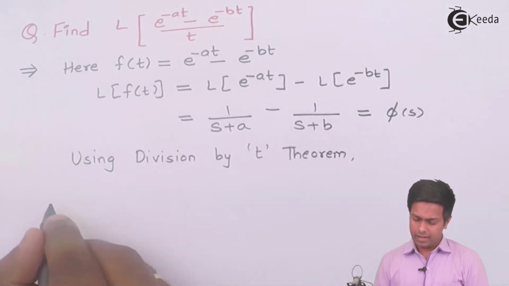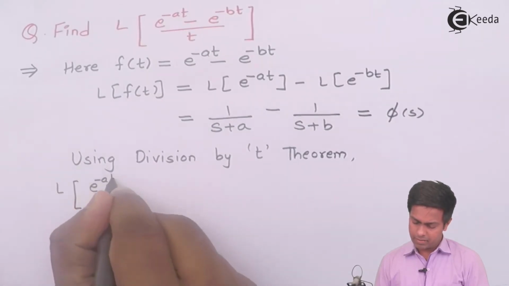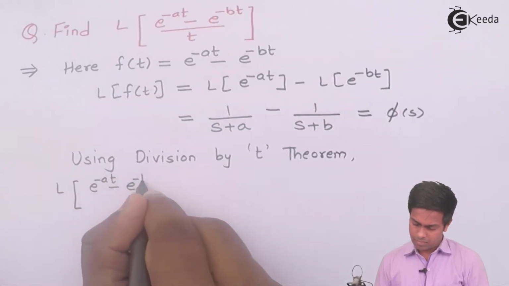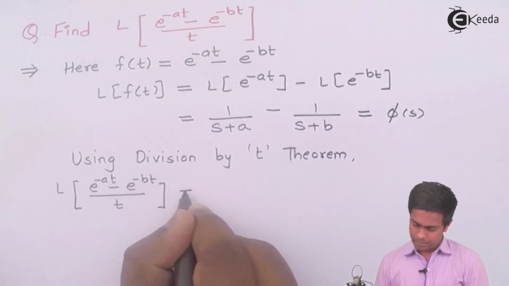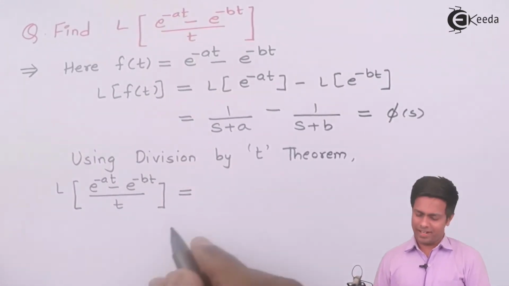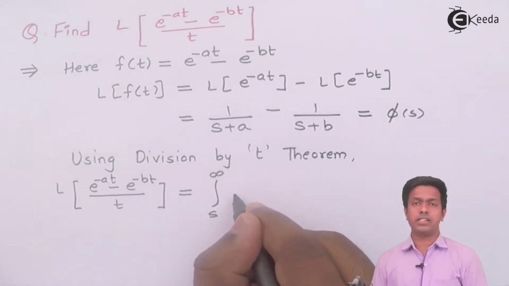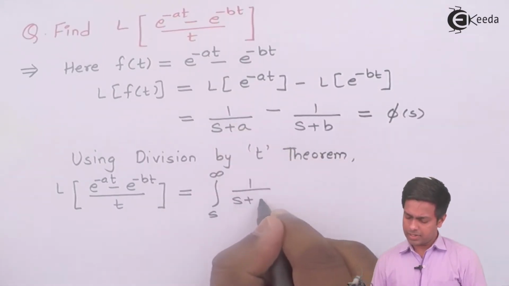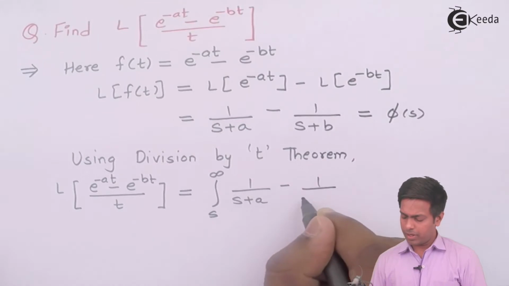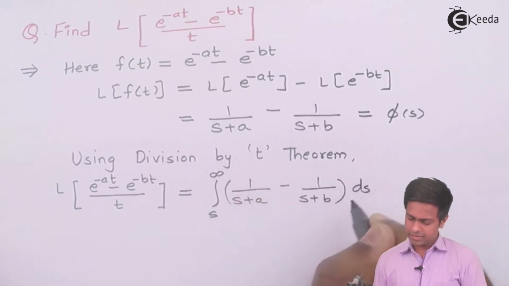We will get Laplace of (e to the power minus at minus e to the power minus bt) upon t. Now as per the property, here we have integration from s to infinity phi of s ds. Now phi of s is this, that is 1 upon s plus a minus 1 upon s plus b, into ds.